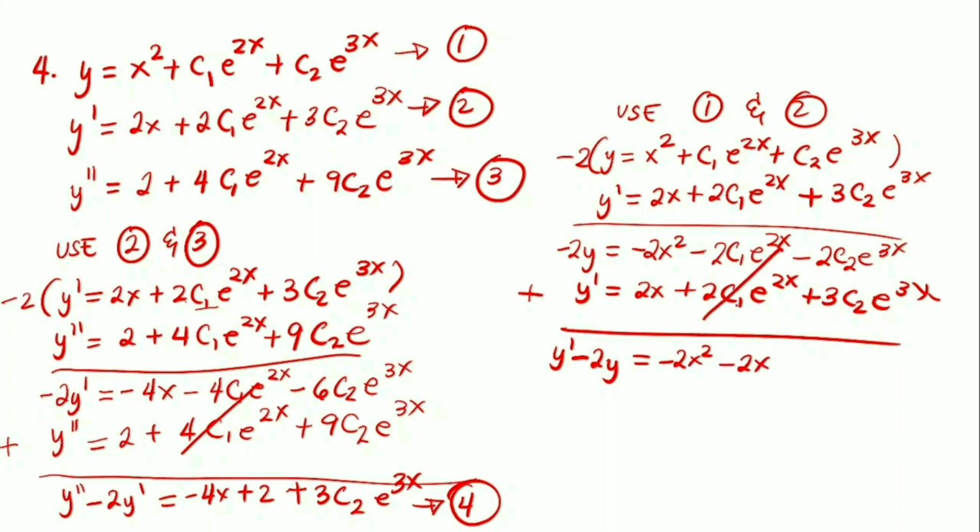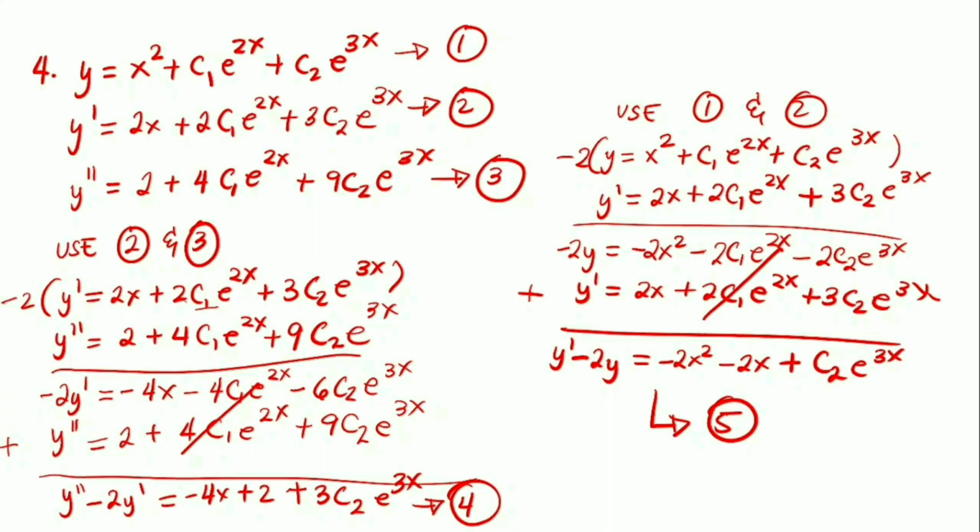This will be cancelled out, 0, plus c sub 2 e raised to 3x. So, this will be your equation 5. So, meron kang 4 and 5. Use 4 and 5 in order to eliminate the remaining constant, which is the c sub 2 e raised to 3x.